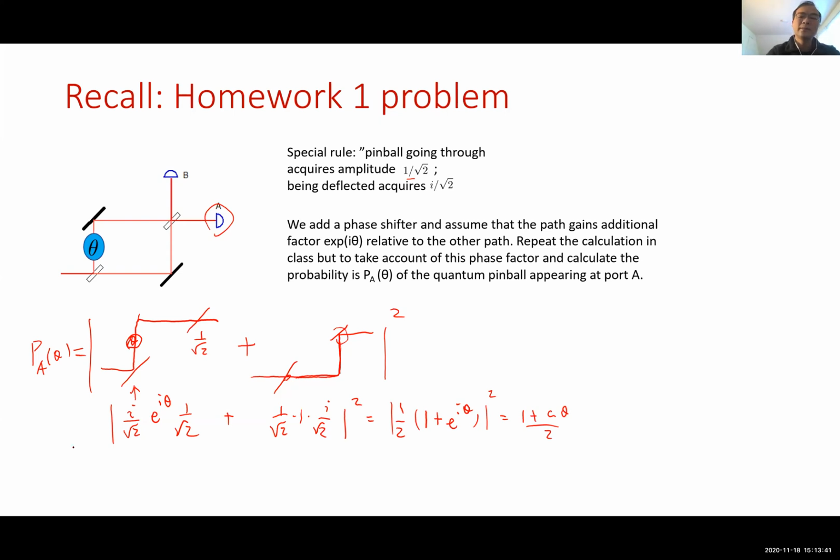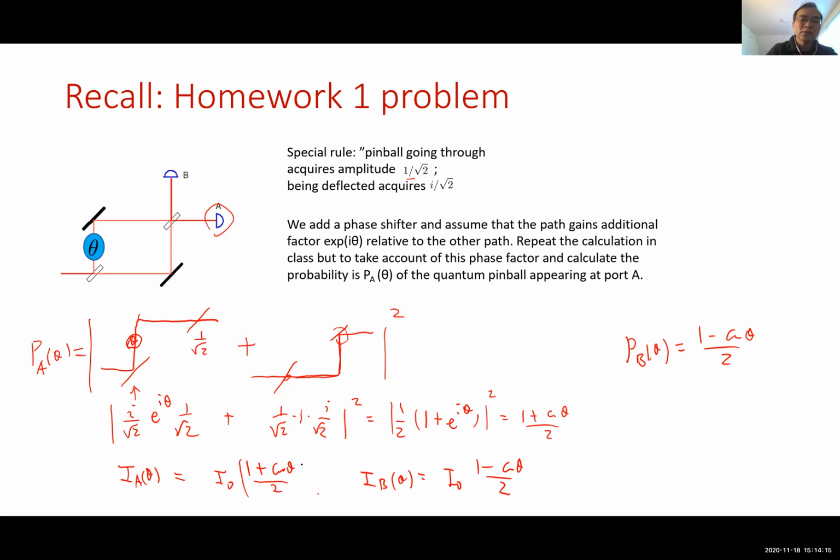The other port, the probability will be this. So in terms of intensity, the intensity would be just the input intensity times the probability. This should apply to the classical case as well. Okay, so this is the homework 1 problem, and you have all solved this.